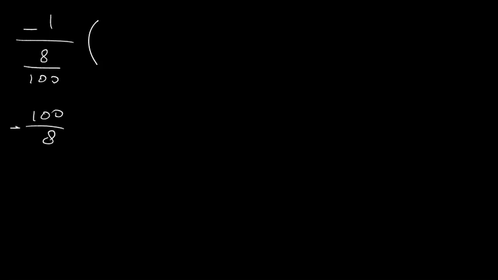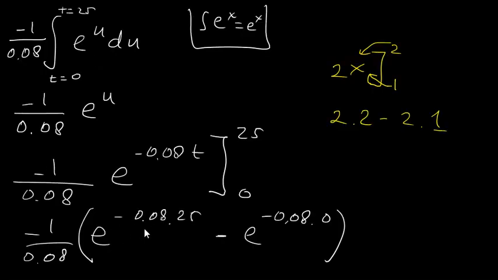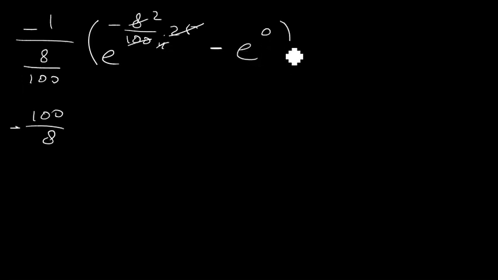For the e to the power of this one, we make it an easier number: 8 over 100 times 25, crossing out, becomes 2. For the right side this becomes 0. So this becomes e to the power of minus 2 minus e to the power of 0.